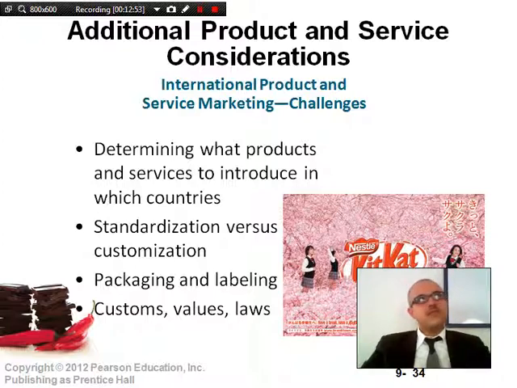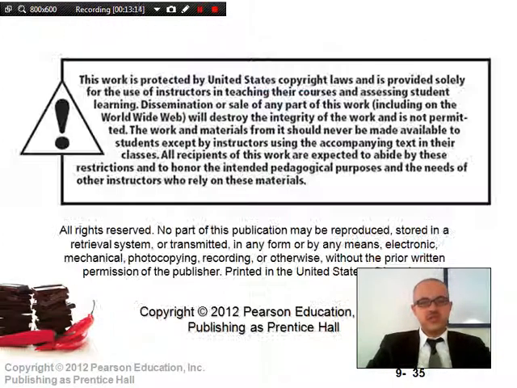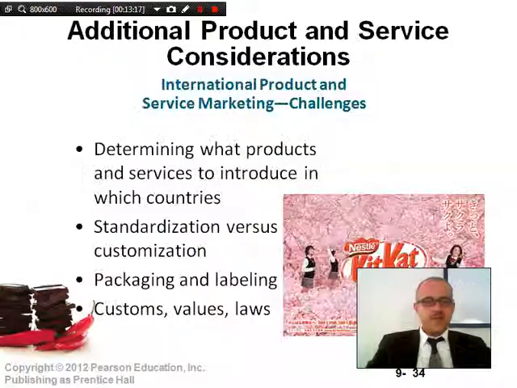So sometimes different countries may have different perceptions or preferences towards how the product looks, is packaged, and is labeled. Sometimes there are rules and regulations about what you should write and what you should not write on a label. So there are lots of issues you need to take care of when you go international. And that's the end of this chapter. Do you have any questions?